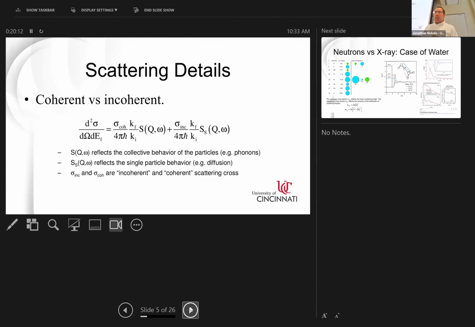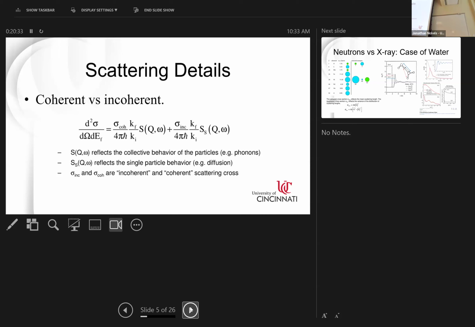All right, so, coherent versus incoherent scattering. When you think about structural measurements, SAXS or SANS, what you're seeing is coherent scattering. It is coherent, okay? So this is constructive wave functions.